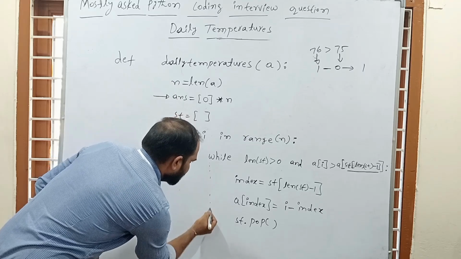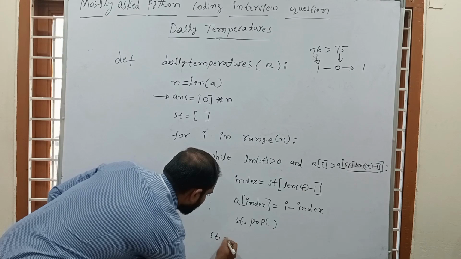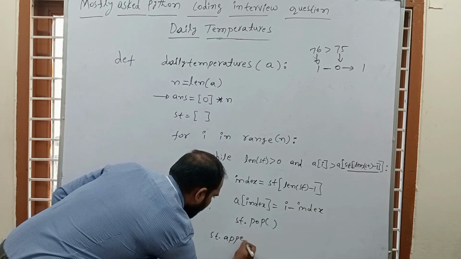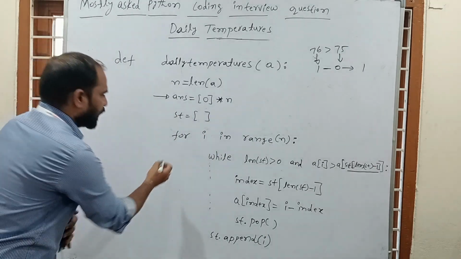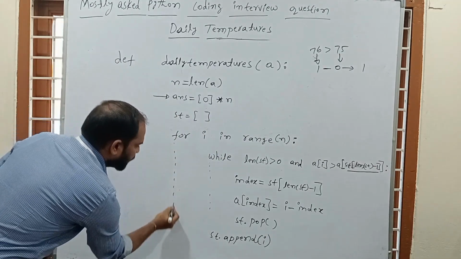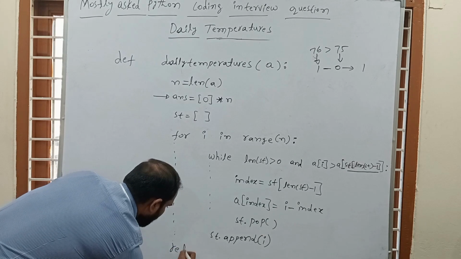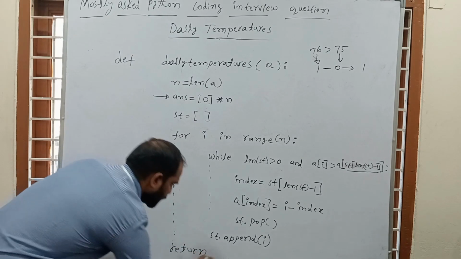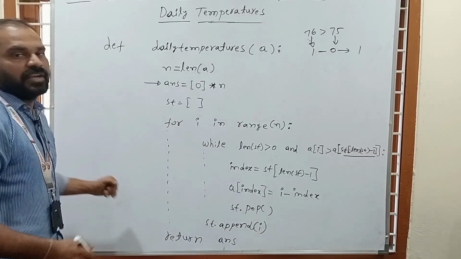So with the same indentation level of the while, you write st dot append i, right? And finally, after completing all iterations, what you need to do? You need to return ans. So this list will be returned.